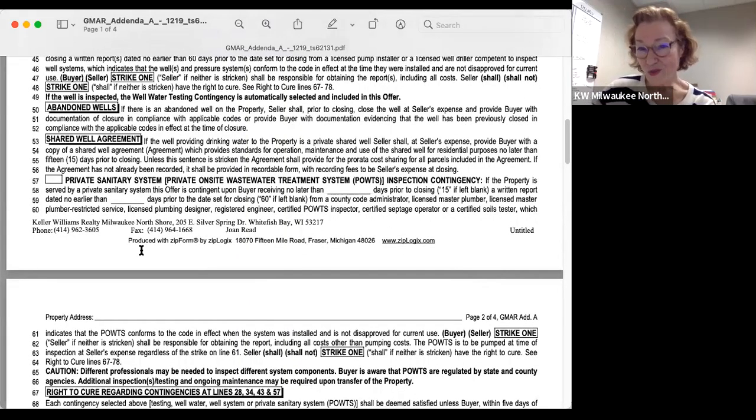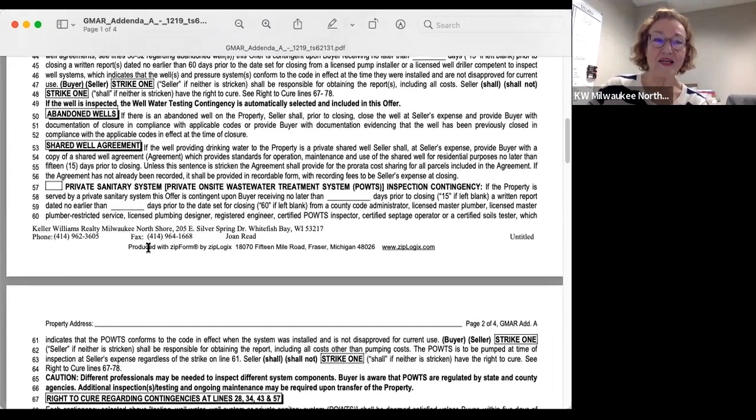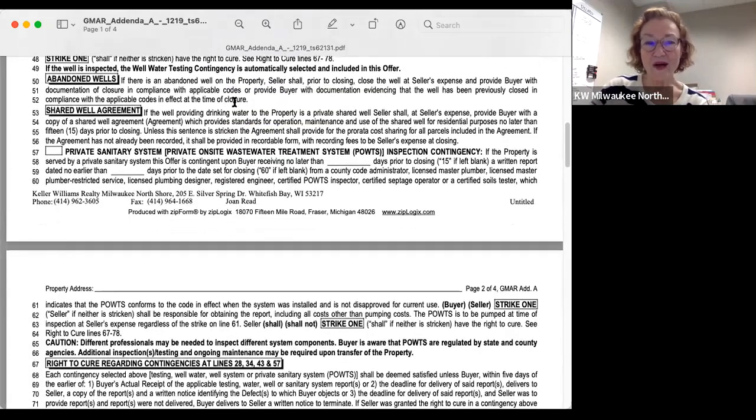Now we get into sewage situations. So here's well water, and now we're into private sanitary sewage systems, or POWTS as they're called, private on-site wastewater treatment system. So POWTS is one of your acronyms that you should use on a daily basis from now on.